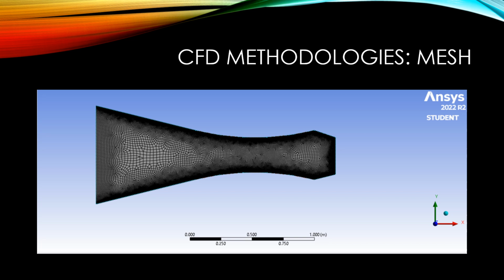The element size was 2 millimeters for turbine walls, and the bias factor was set to 20. Refinement was automated, as well as the emphasis on a good mesh was placed on the walls for good solutions. We'll see that as we go along this presentation.